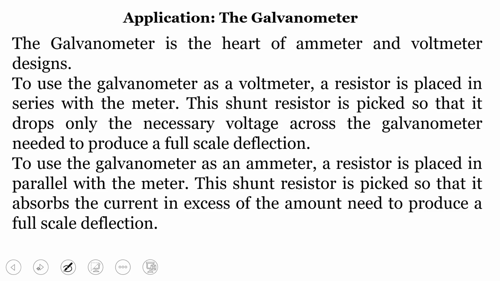Since it measures current flow, if you want to measure larger currents, all you need to do is to connect a shunt of very tiny resistance in parallel to the galvanometer, so that when current is coming, the larger chunk of the current will flow through the shunt, the low resistance resistor, and very tiny currents will flow into the galvanometer. And with the knowledge of resistors in parallel, you can determine the actual current that is flowing.